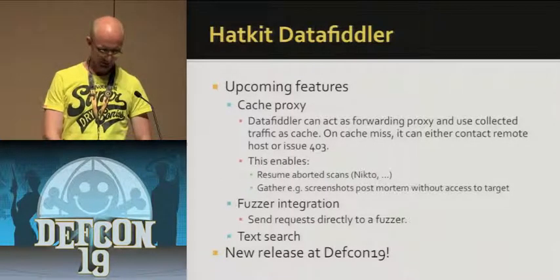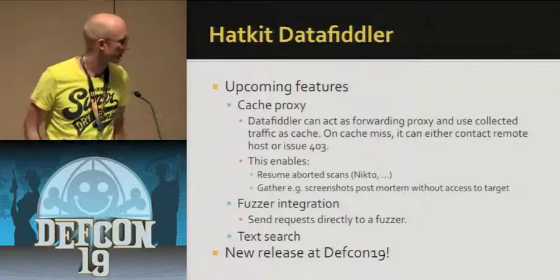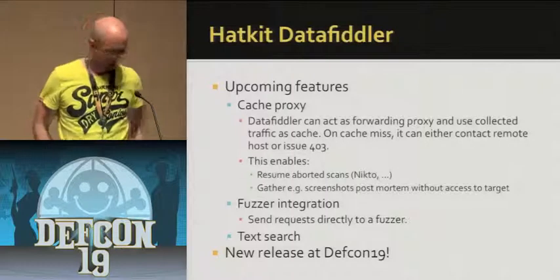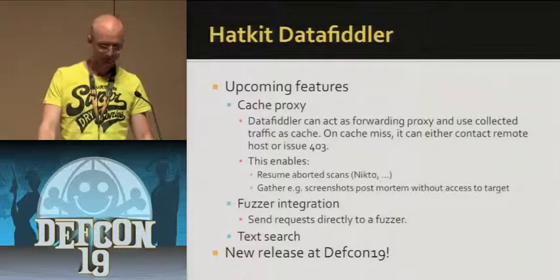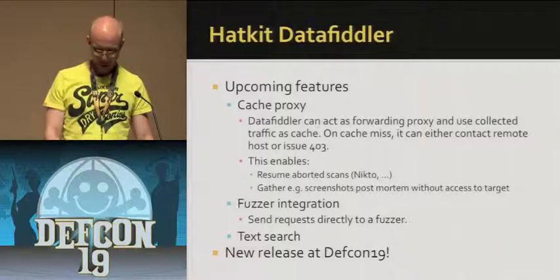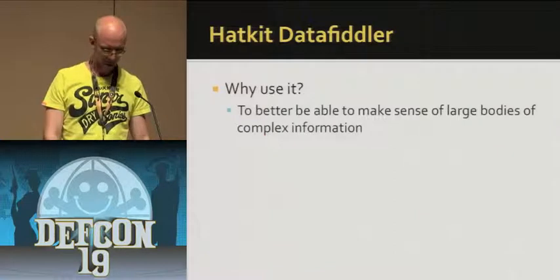Planning to add some more advanced text search capabilities, either by PyLucene or Whoosh. And as already mentioned, there was a new release earlier this week, both for the proxy and the data fiddler, containing all this stuff I'm talking about.